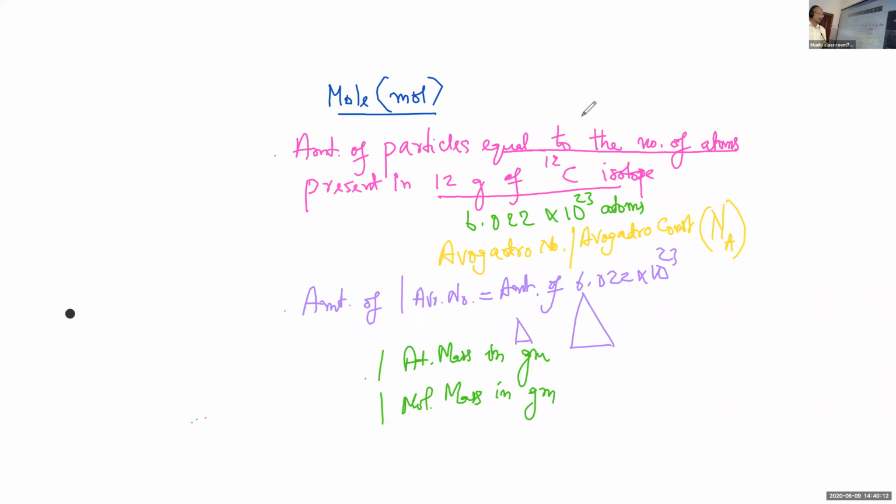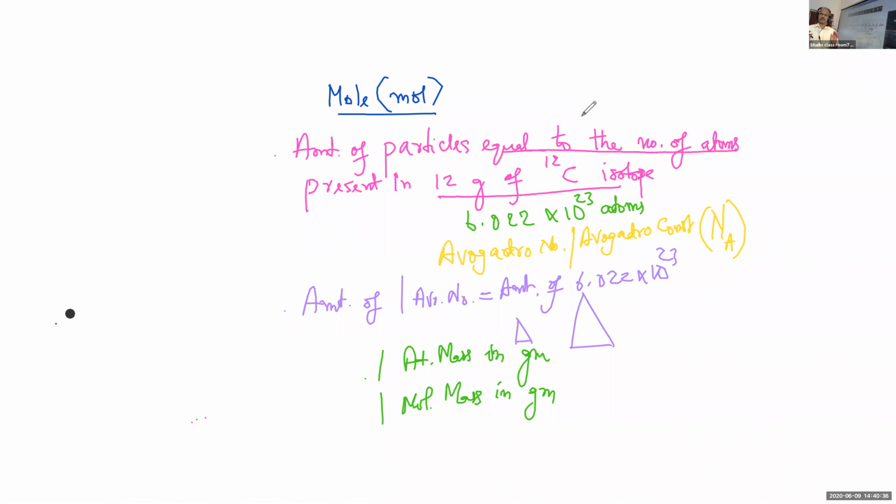So we can say 1 mole is equal to the amount of one Avogadro number of chemical units, or the amount of 6.022 into 10 raised to 23 chemical units. The chemical units may be atoms, molecules, ions, electrons, protons, whatever it is.